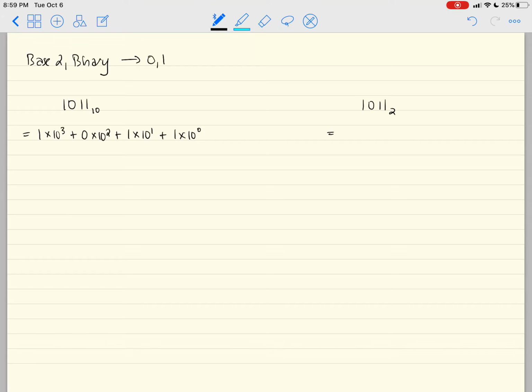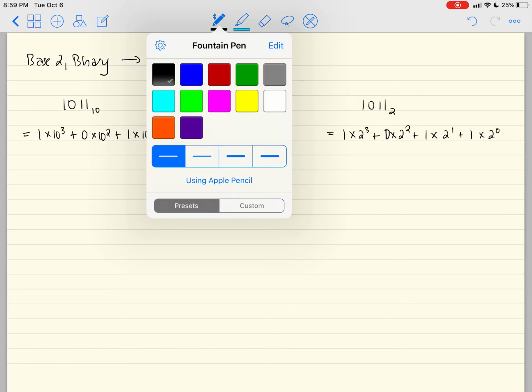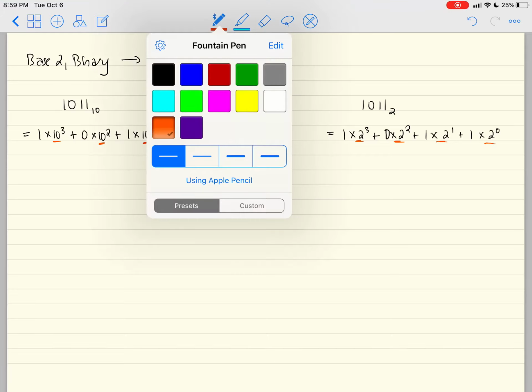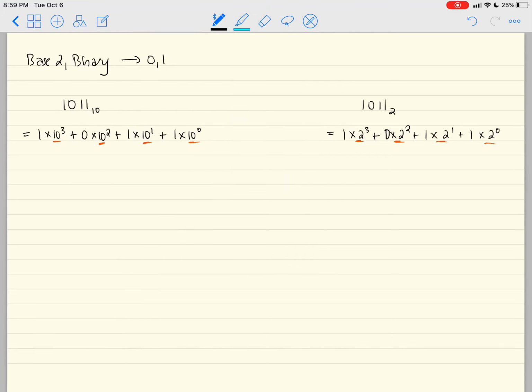On the right, it will be 1 times 2 cubed plus 0 times 2 squared plus 1 times 2 to the 1 plus 1 times 2 to the 0. Notice when you compare these, the only difference is that I wrote a different number as the base of the exponents, but the actual exponents themselves stayed the same.